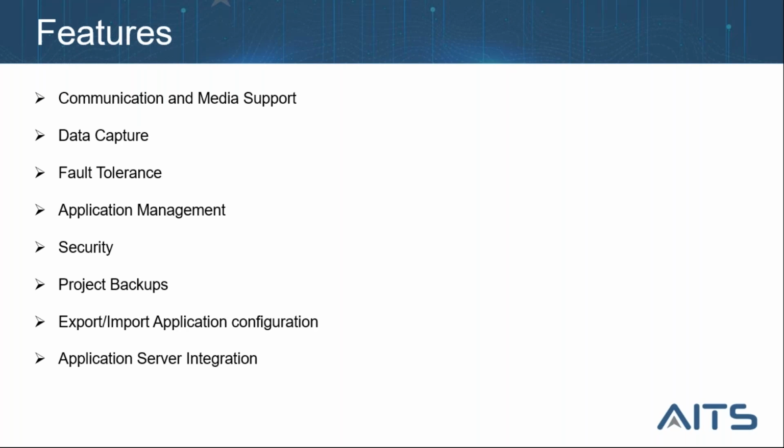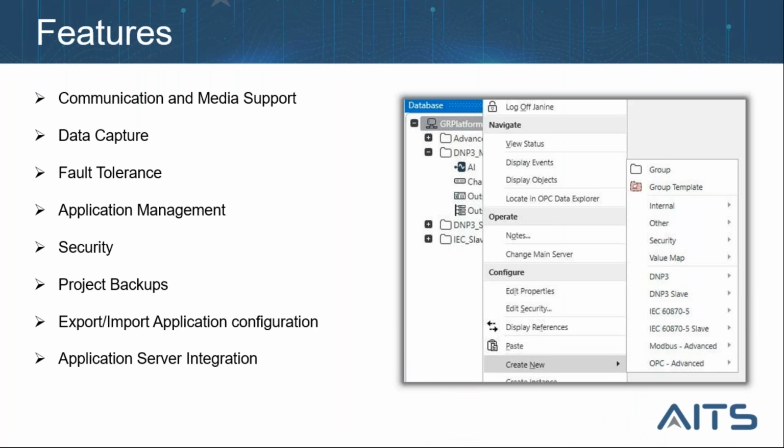The telemetry server supports both master-slave communications of different media types, such as TCP/IP, Ethernet radio, serial RS-232, RS-485, modem, which is dial-up. It captures data using low bandwidth optimization and supports buffered data events.